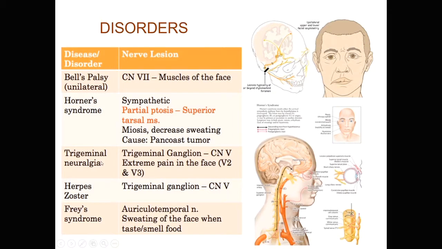Next is trigeminal neuralgia. This is a pain of the trigeminal nerve, so cranial nerve 5. It's usually the V2 or V3 branches, so your cheeks and your upper lip or lower lip, that this occurs in. It's not often your V1 branch or ophthalmic branch, but this is due to spontaneous pain or triggering of these nerves for some reason.